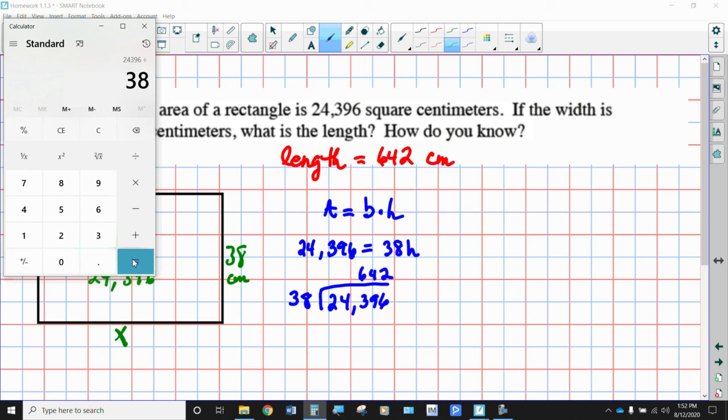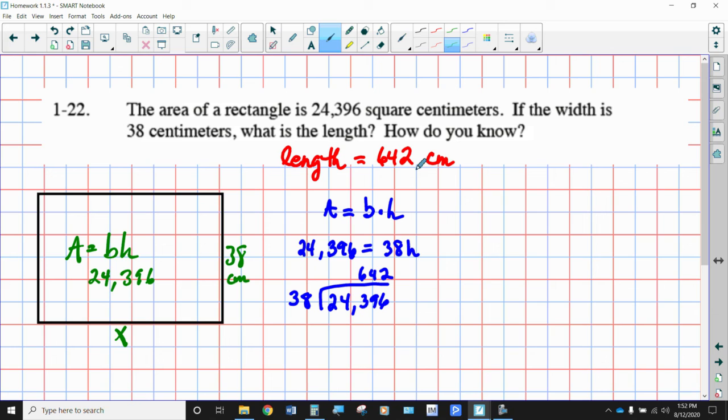We are engaged in problem solving. I'm not assessing you on your ability to divide. So go ahead and use your calculator for that, and we can declare our answer. The length of this rectangle has to be 642 centimeters, which is not even close to being proportional here, but whatever.